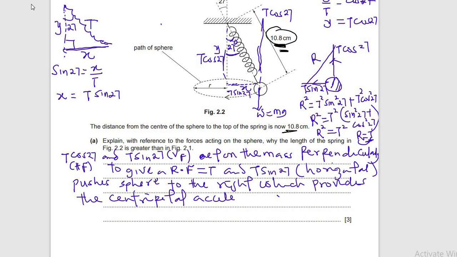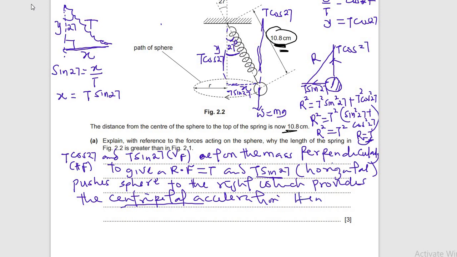The force T sine 27 is the one that provides the centripetal acceleration. So when it pushes the force to the right, it now starts accelerating around the circle toward the center. So this T sine 27 provides the centripetal acceleration.